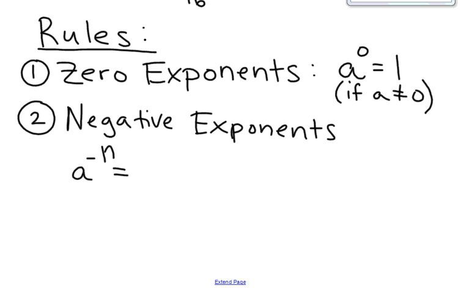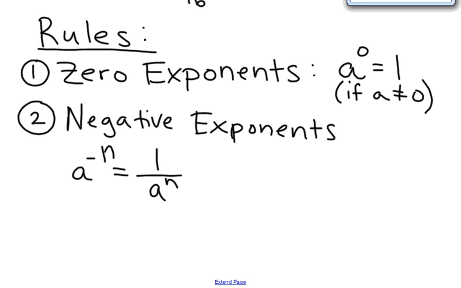So A to negative n would be 1 over A to the nth power. All we do is create a fraction. Again, the answer is not negative, it makes it into a fraction. So if you have anything to a negative exponent, just put that underneath 1 and make that exponent positive.